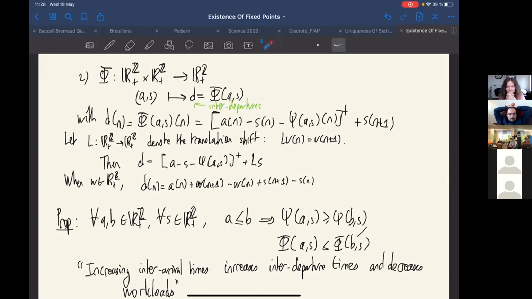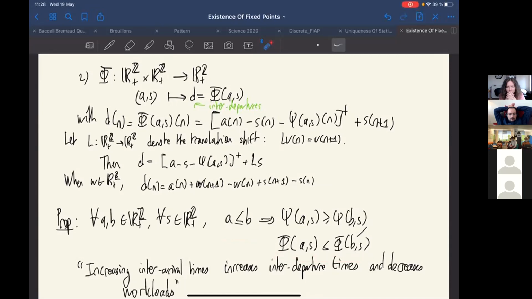And so, a quick property that shows that these mappings conform to intuition. If you take A and B to be interarrival times, and you increase interarrival times, interdeparture times will also increase.